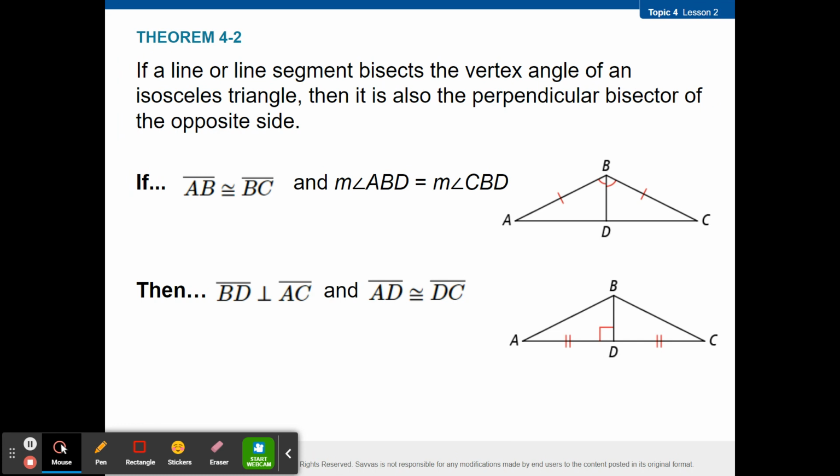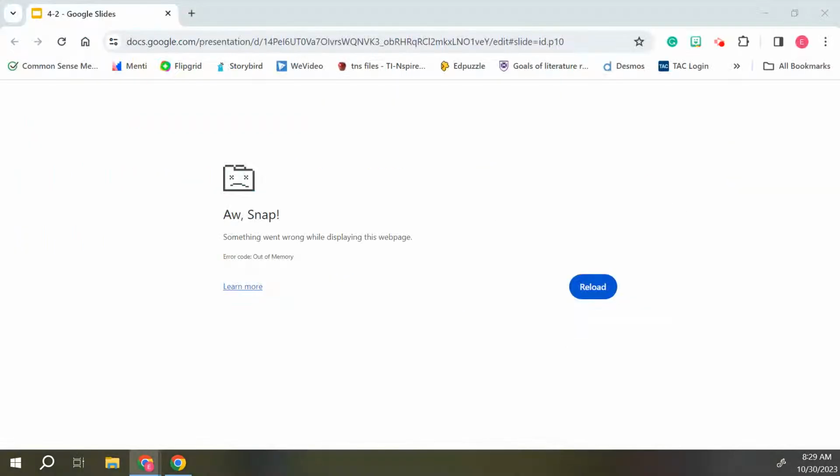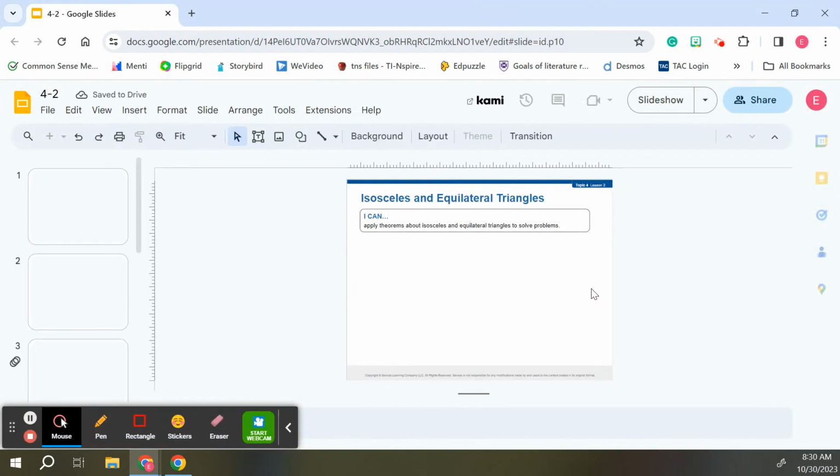No, study. Sure. Oh, snap. Snap is right.